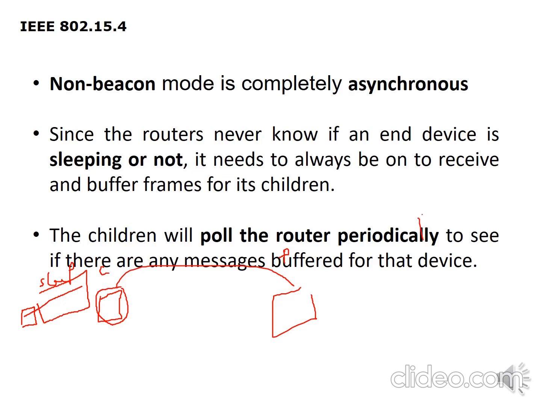So if this device is sleeping and some packets arrive at the parent that are destined for this child, the parent will not send them to the child, it will rather store them. This is called asynchronous mode. So when the child wakes up, it will poll the router, the coordinator or parent device, to ask whether there are any packets for this child, and if there are, those packets will be delivered.